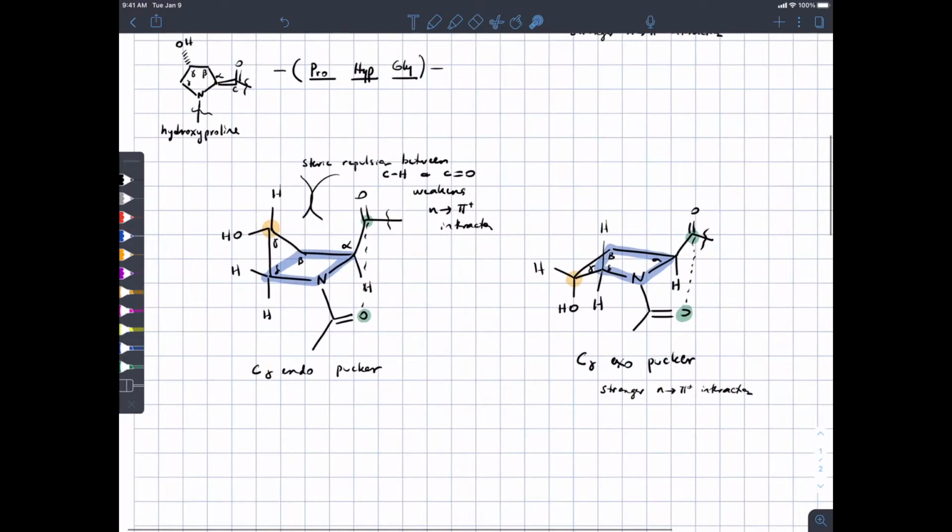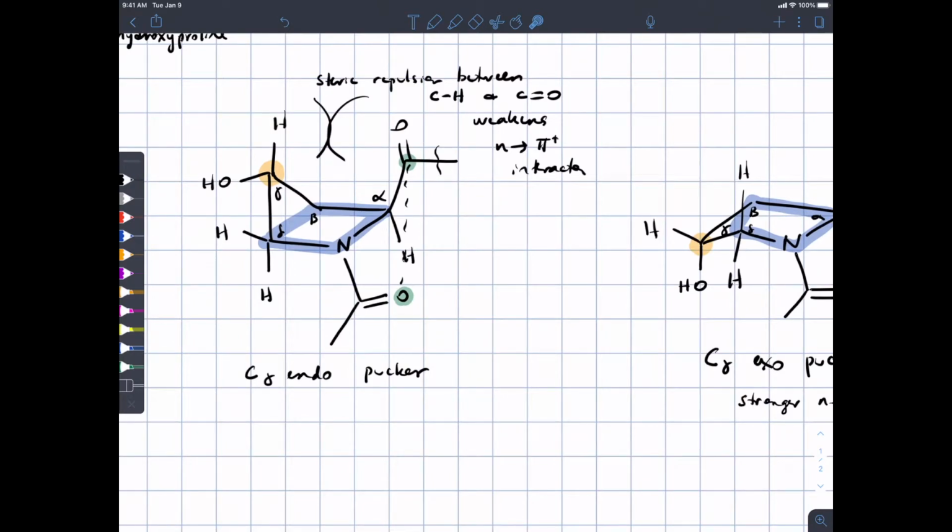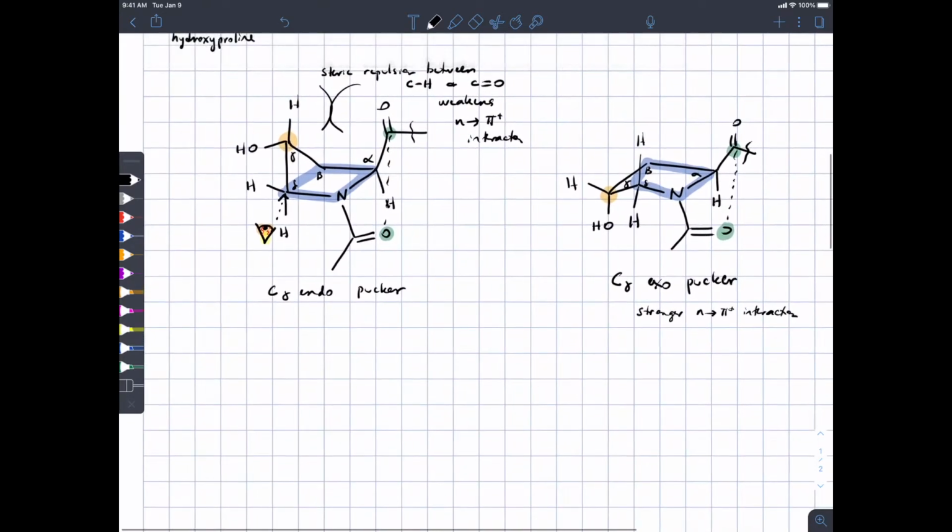So to do that, we're going to look down the bond between delta and gamma carbons. So put your magic, evil, bloodshot Sith Lord eyes in the page, and then look down that bond between delta carbon and gamma carbon. So we'll draw a Newman projection. The delta carbon is in the front, the gamma carbon is in the back.